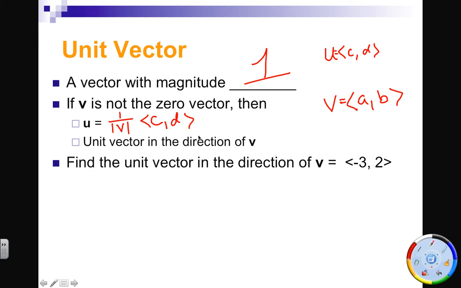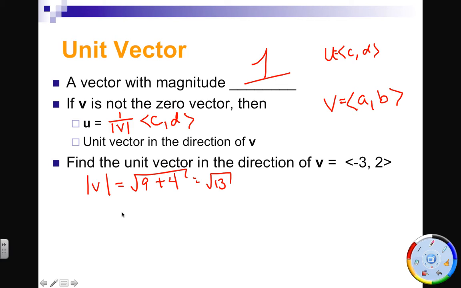So let's look at this as an example. If I said my vector v is -3, 2, and I wanted to find the unit vector in that same direction. So first of all, I got to find the magnitude of v. Well, that's going to be nice and simple. Square root of 9 plus 4, so 3 squared plus 2 squared, is radical 13.